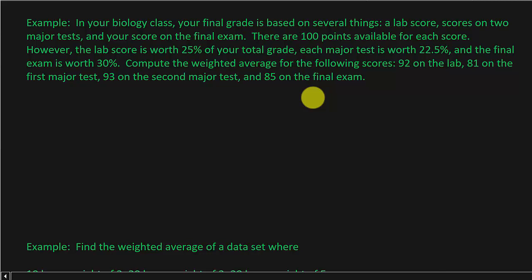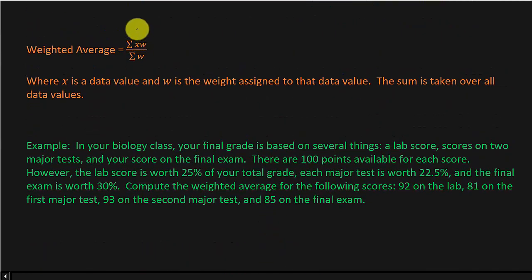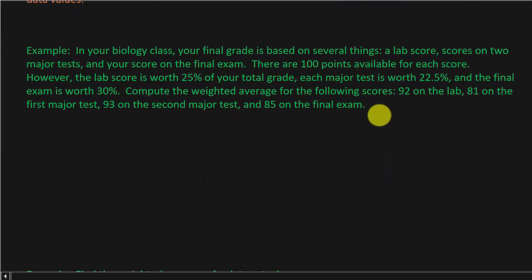All right. So let's see what we've got here. So your weighted average would be, okay, so what did it say to do? You've got to take the score times the weight and add all those up. All right, so let's see here.